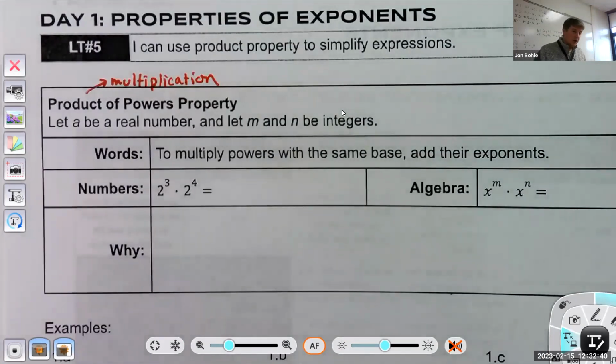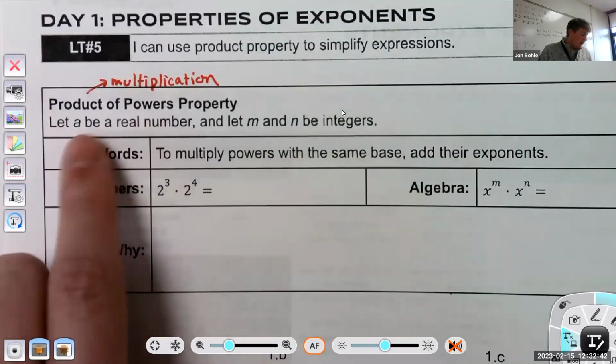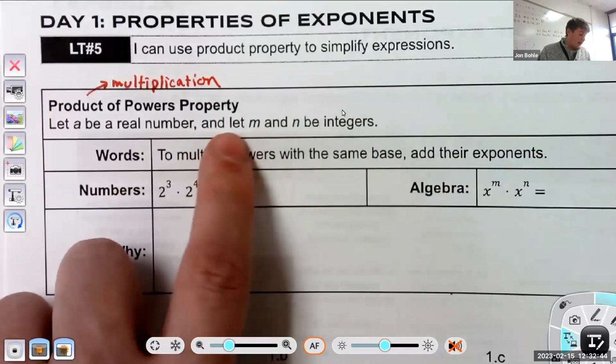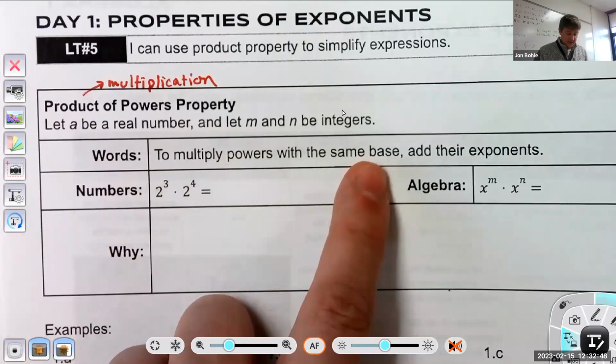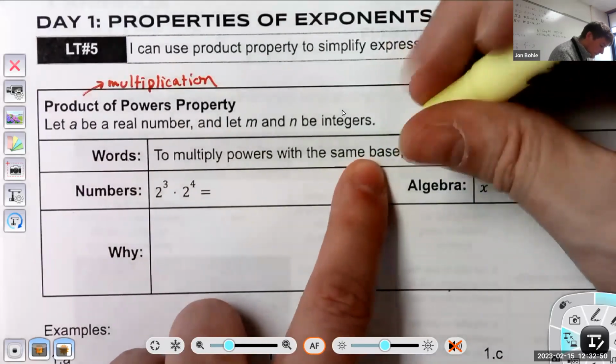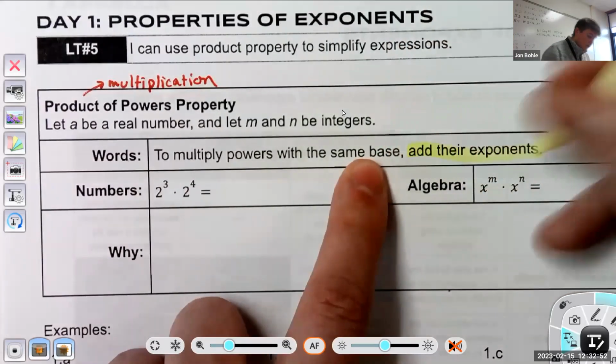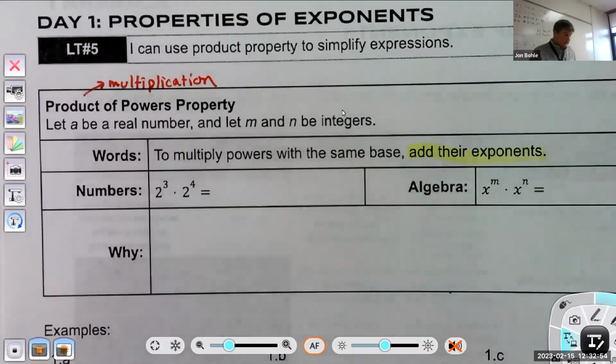So when you have A be a real number and M and N be integers, to multiply powers with the same base, has to be the same base, here's your rule. You're going to add the exponents. Okay, so what does this look like?